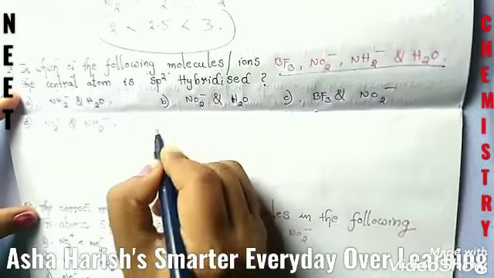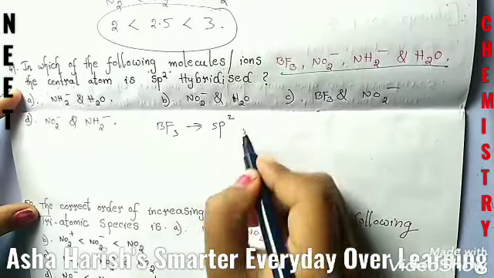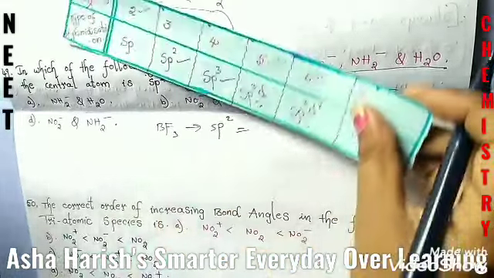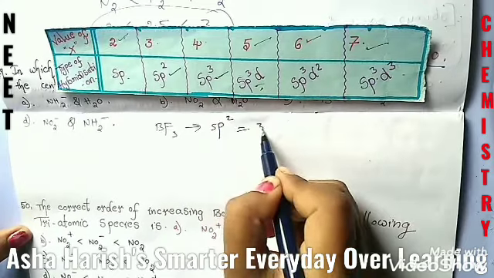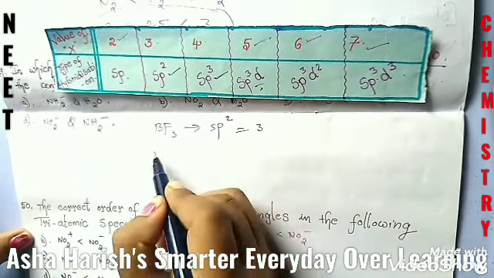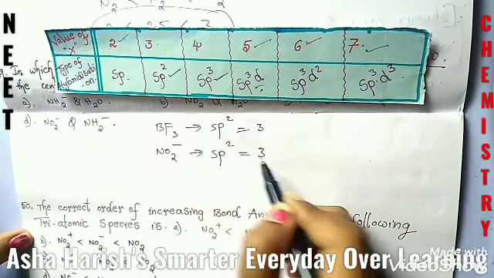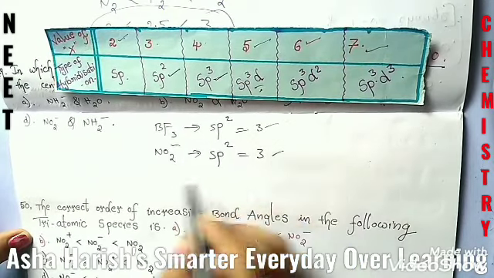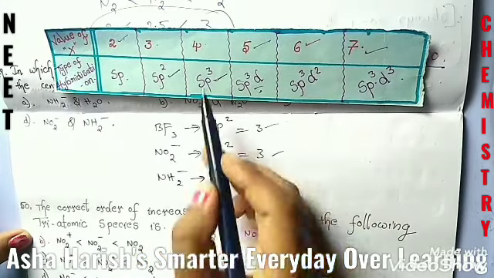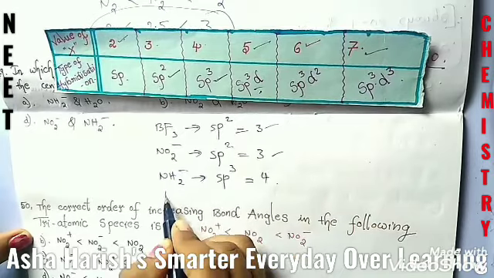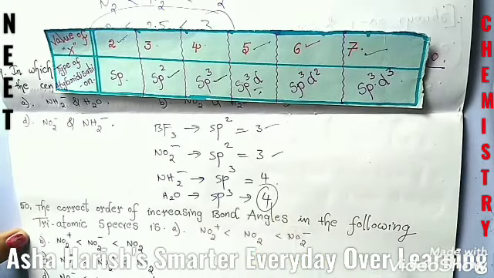Based upon that, for BF3 we have sp2 hybridization, that means the X value, that is number 3, we get. For NO2 minus the hybridization is sp2, and the value is also 3. For NH2 minus we have sp3 hybridization, that means the number we get is 4. And for H2O we have sp3, the number we get is 4.